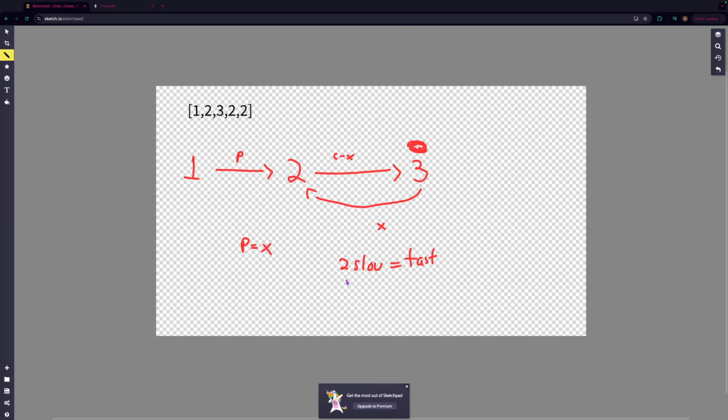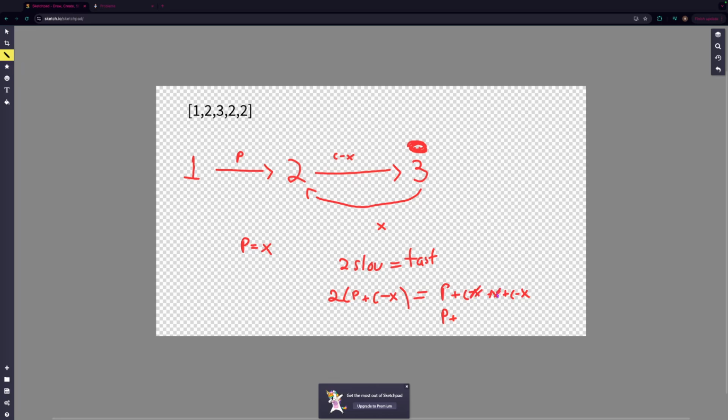And then if you substitute in the fact that a slow pointer needs to traverse p plus c minus x times before you reach the intersection point, and the fast pointer needs to move p plus c minus x plus x plus c minus x times to reach this intersection point, you can get some cancellations here.